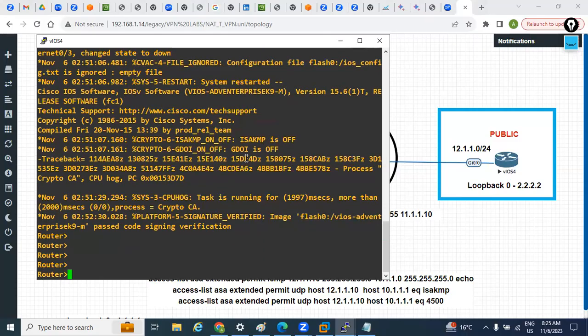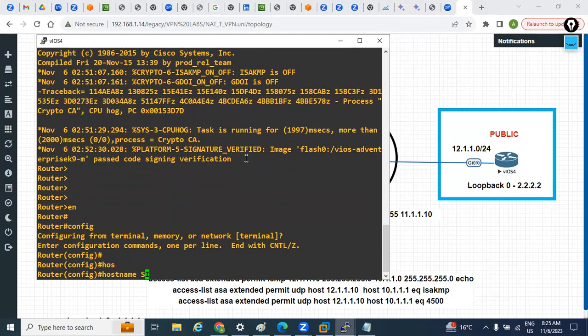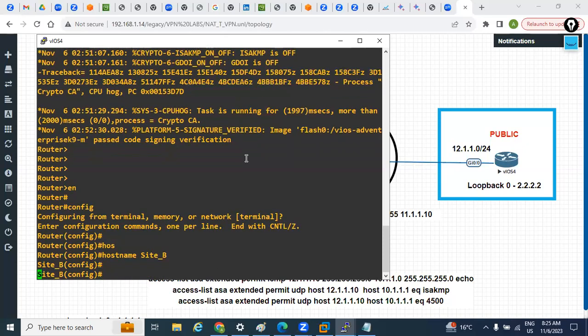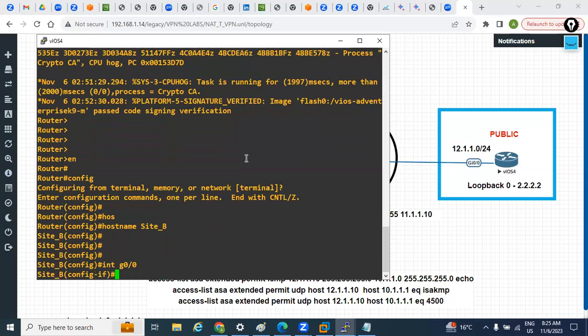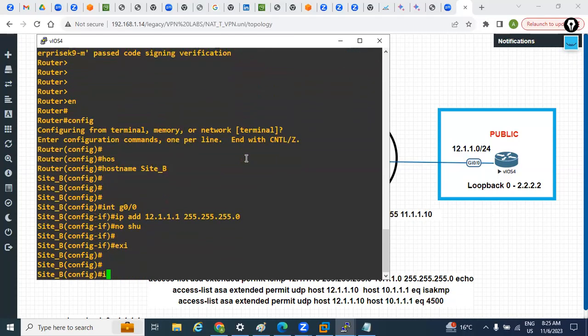After that, let's get back to this IOL router. This is our Site B. The host name, Site B, interface 0/0, IP address 12.1.1.1/24, no shut.